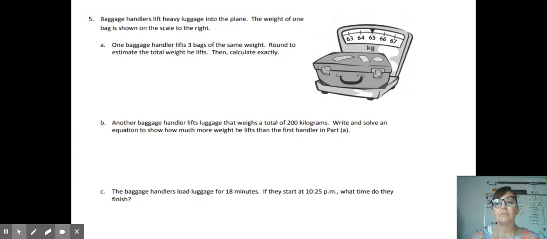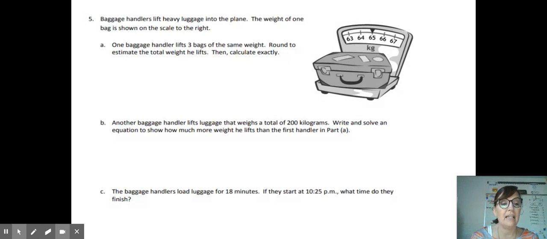Number 5, baggage handlers lift heavy luggage into the plane. The weight of one of the bags is shown on the scale to the right. One baggage handler lifts 3 bags of the same weight. Round to estimate the total weight he lifts.